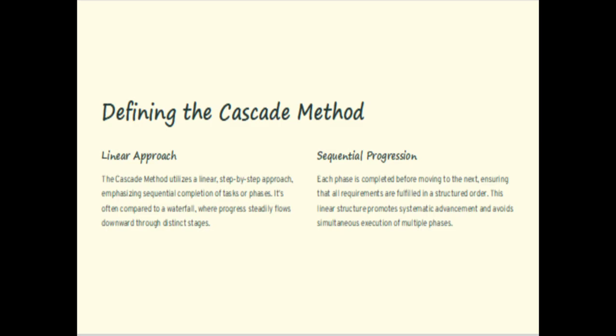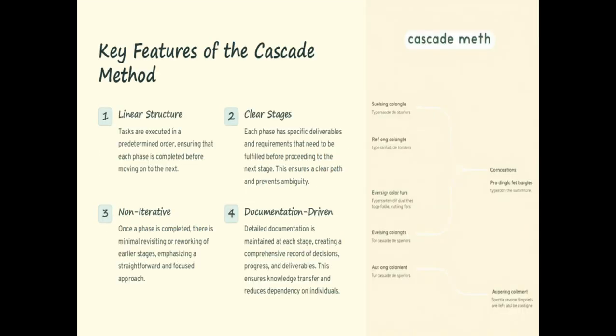The second one is the sequential stages, where we can see the linear structure promotion. We can identify the advanced methods which avoid simultaneous execution of multiple phases. The cascade method can be used in various applications with linear structure, clear stages, non-iterative flow, and documentation.